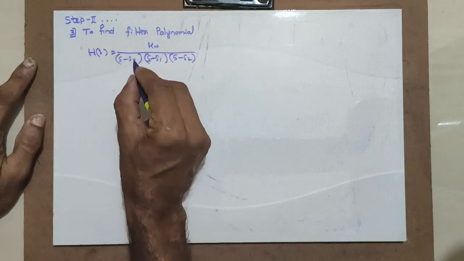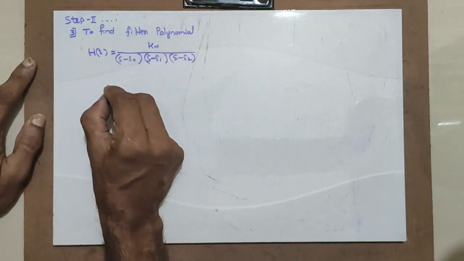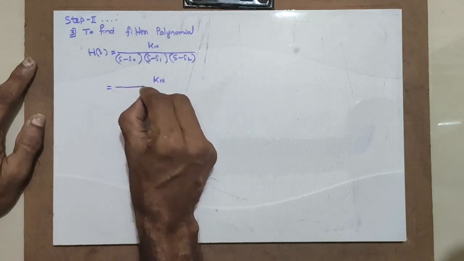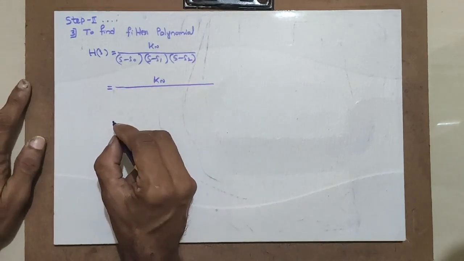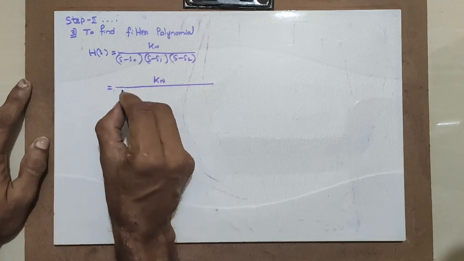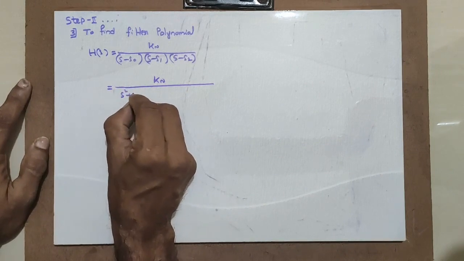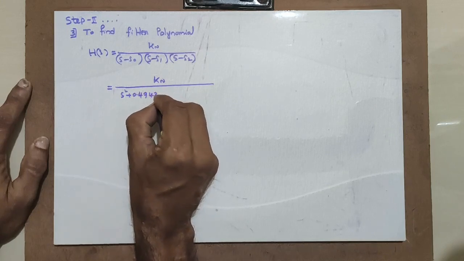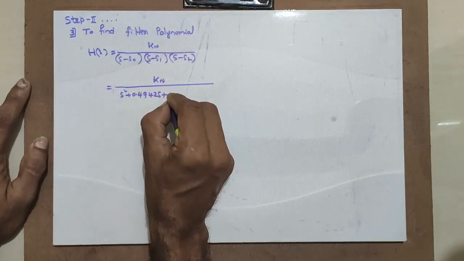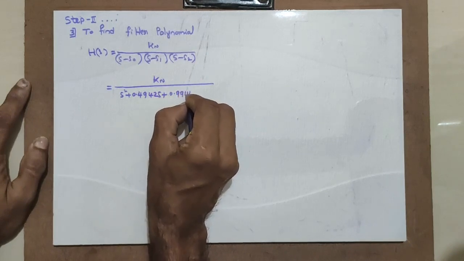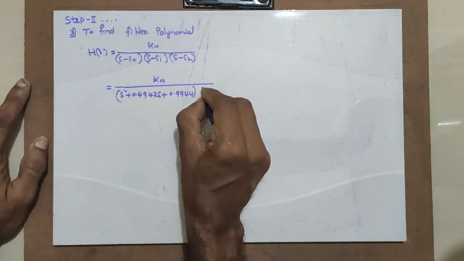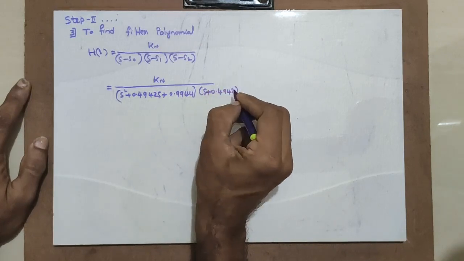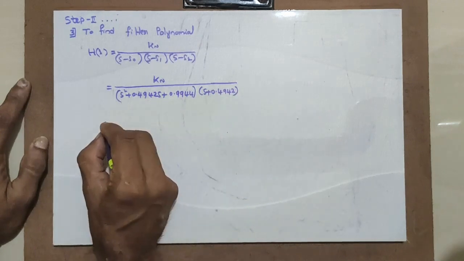Now if you substitute these things, you will get a third order polynomial. I have already derived the polynomials in my previous step through a table. Hence I shall not bother. Kn divided by s square plus 0.4942s plus 0.9944 multiplied by s plus 0.4942. That's what I am getting now.